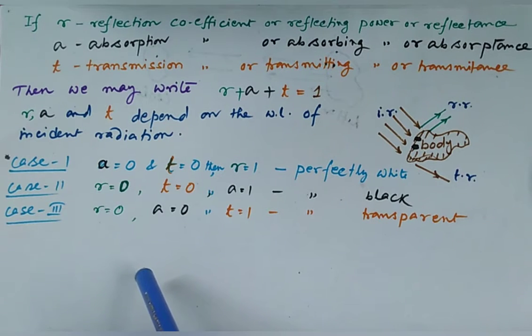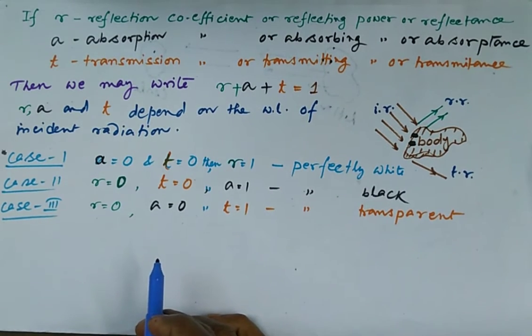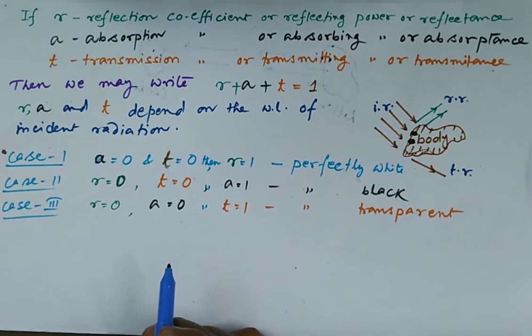Now, a question must arise: does the nature of the radiation depend on the temperature of the body? Let's discuss. We all know that when a body is heated, it emits electromagnetic radiation.